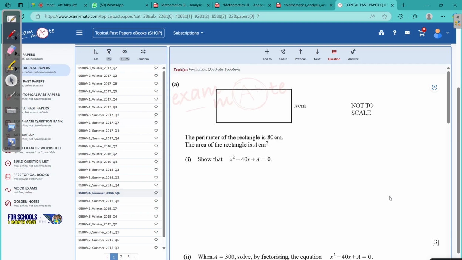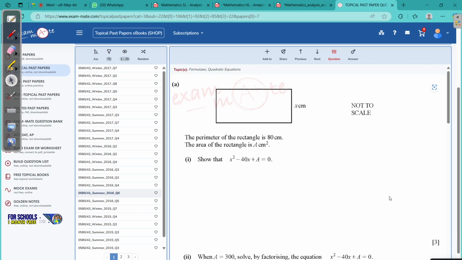The area of the rectangle is A. Okay, I can find x because 80 is equal to 4x, which is then x equal to 20. So A is 20 squared.